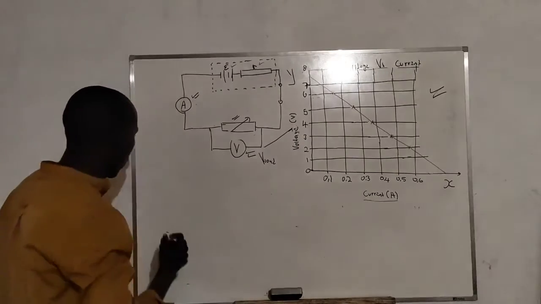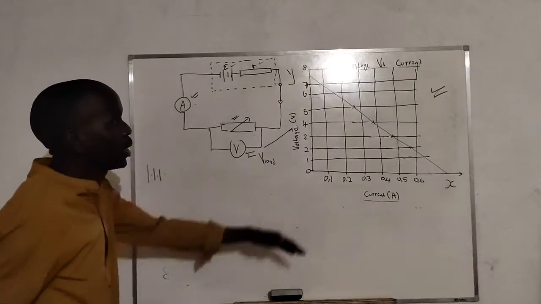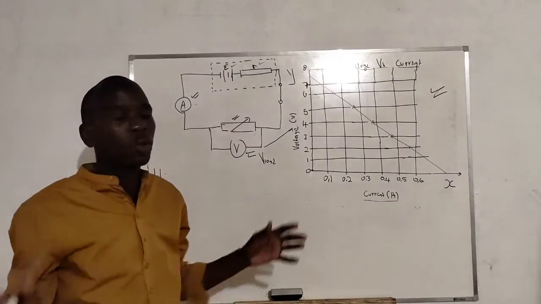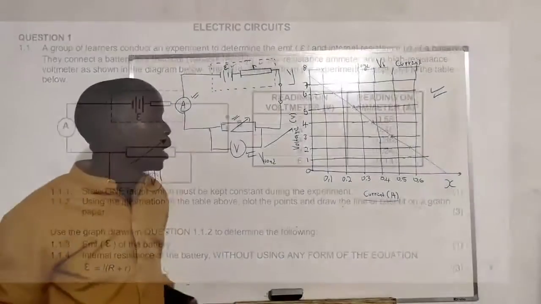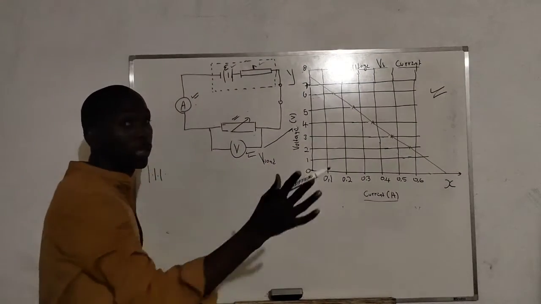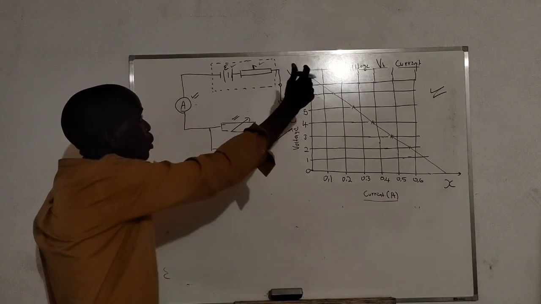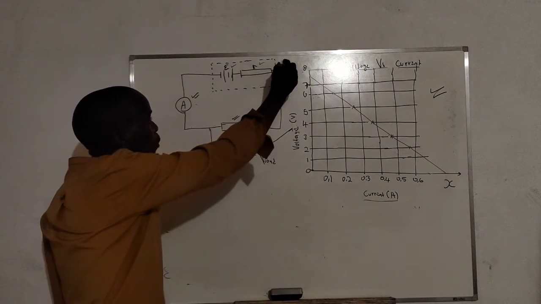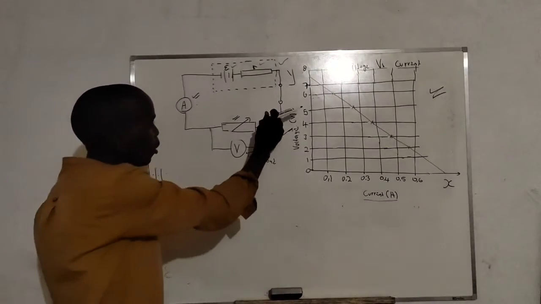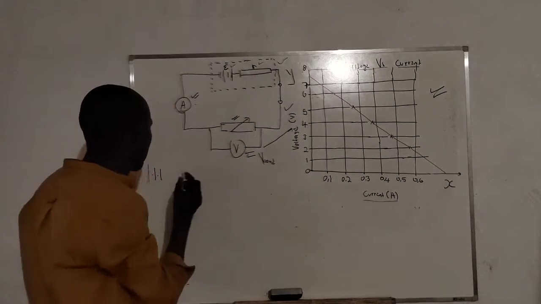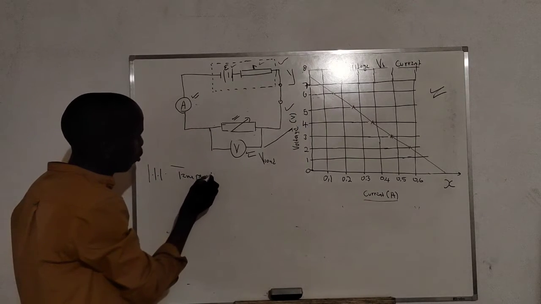Now we have the very first question. It says that the graph is a straight line. So the first question is, what factor must be kept constant during the experiment? If we want that graph to maintain a straight line, we must keep the temperature of the battery and of the conductor constant.